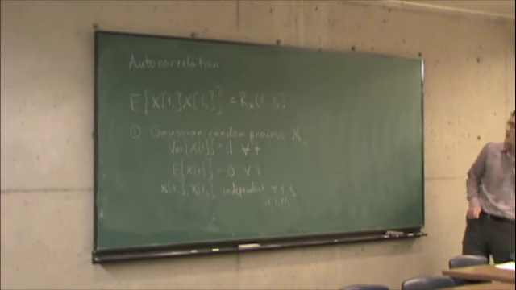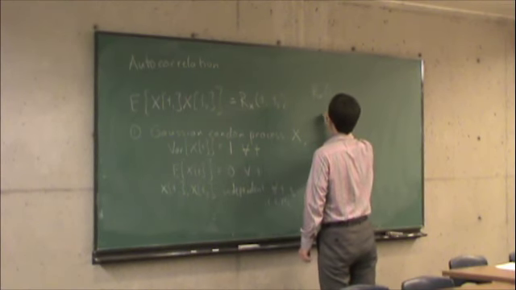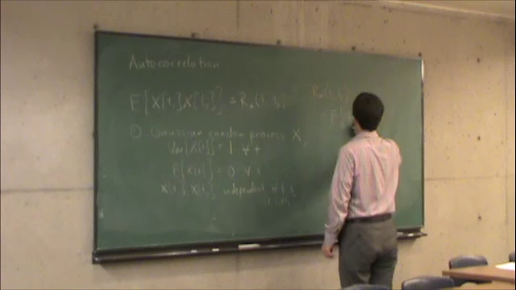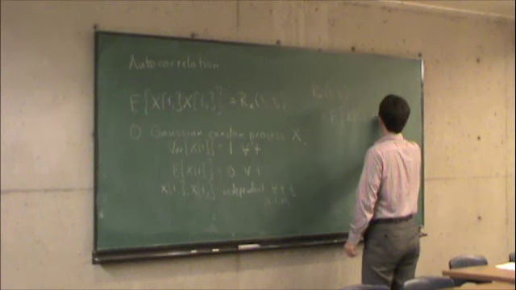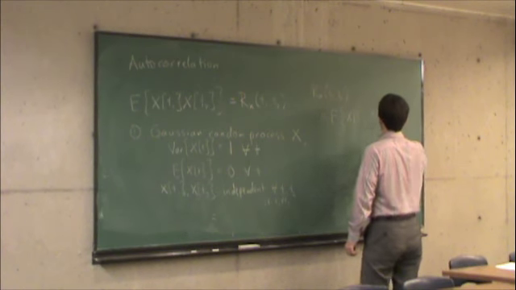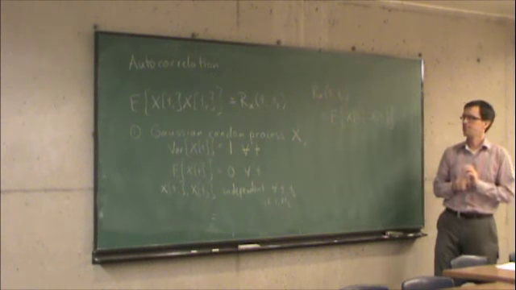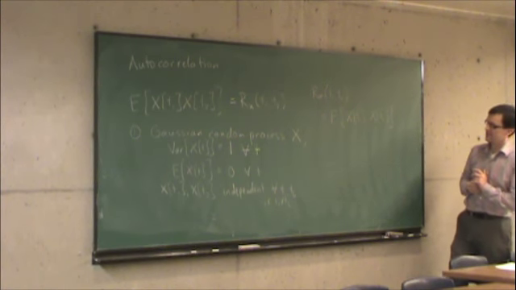What is the autocorrelation? Rx of t1 and t2, expected value x of t1, x of t2. Okay, we have to express this as a function of both t1 and t2. So, what is the value of expected value of x of t1, x of t2?